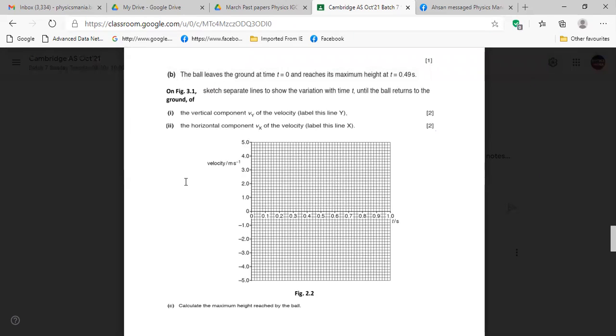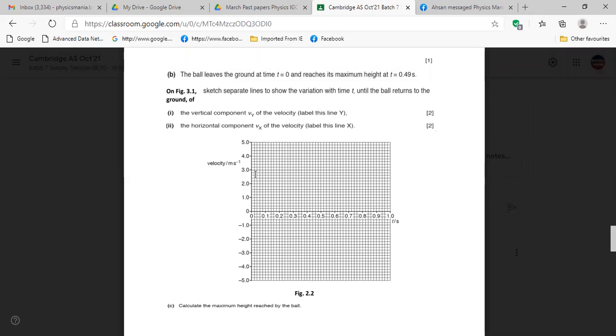When it is going up, the vertical component Vy of the velocity will be decreasing, right? And when it is decreasing, we can say it is deceleration, constant deceleration. And when it returns back, it will have increasing velocity. That means we can say it is accelerating, constant acceleration.